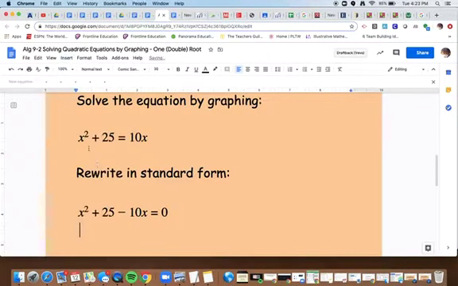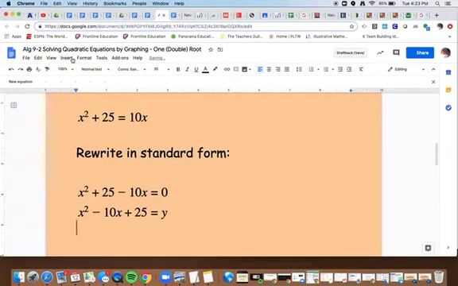So we're going to replace our 0 with a y. And then the other thing we're going to do is write this in the ax squared plus bx plus c form. So I'm going to swap the negative 10x and 25, and then make this equal to y. If you're picky about it, you make your y in front this time.